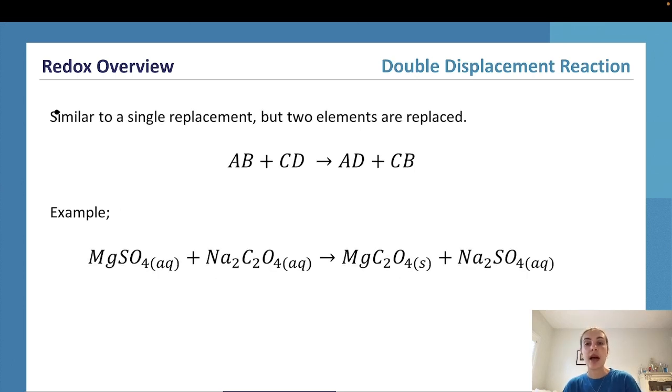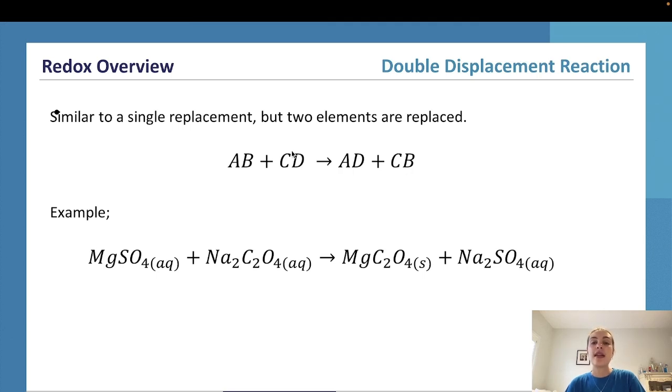So next we're going to look at the double displacement reactions. Double displacement reactions are very similar to a single displacement reaction. However, instead of only one element being replaced, we've got two elements being replaced. So we've got AB plus CD makes AD plus CB.